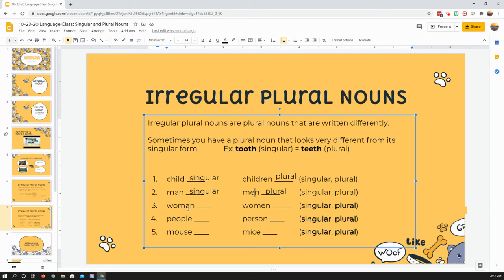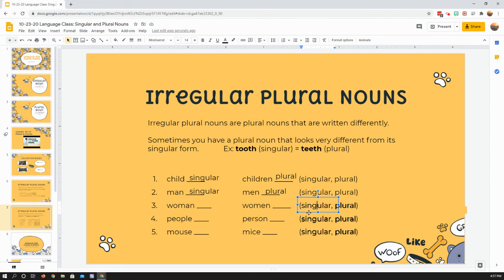And same thing with woman. A woman. This is going to be singular. And then women, there's lots of women here. You see? Let's see. I'm going to change this. There you go. So man singular, men plural.